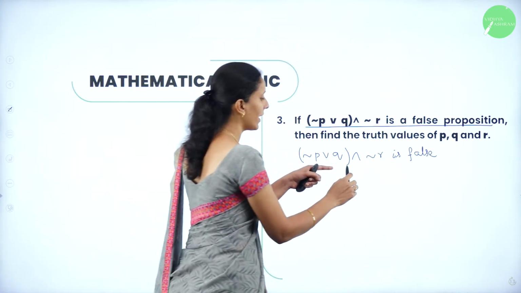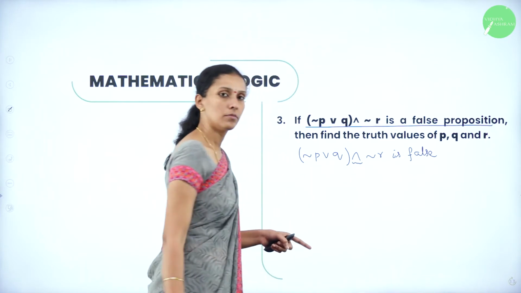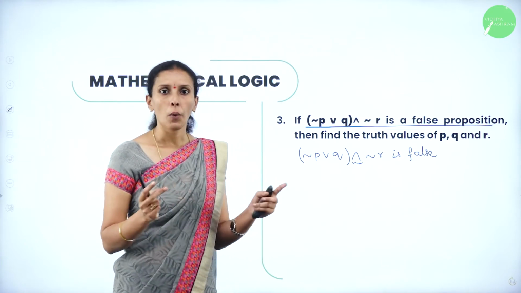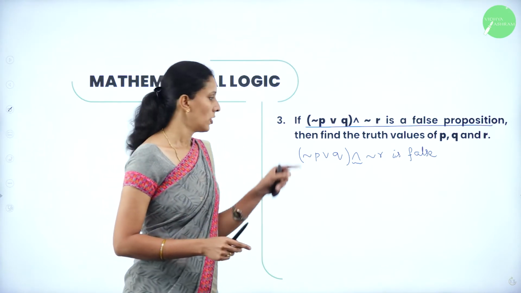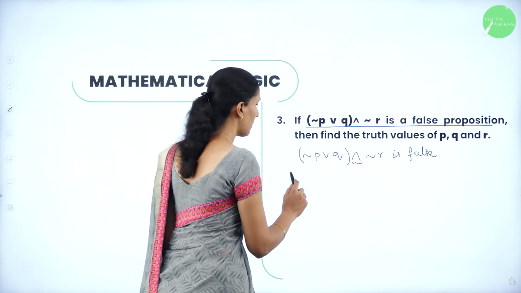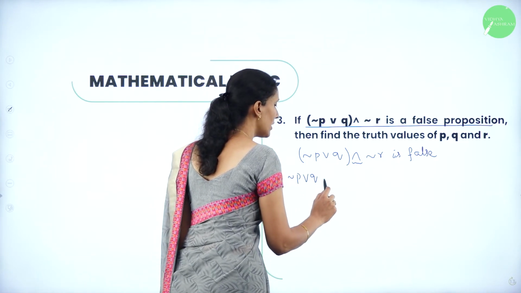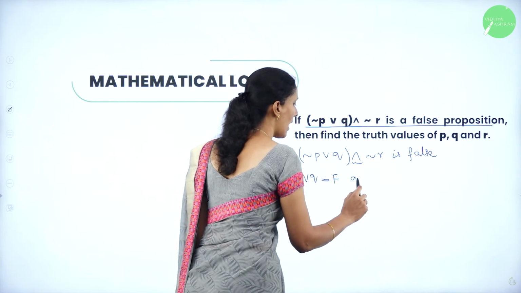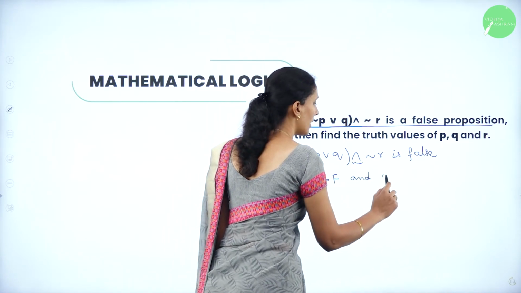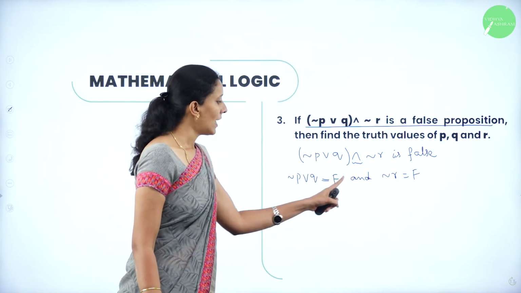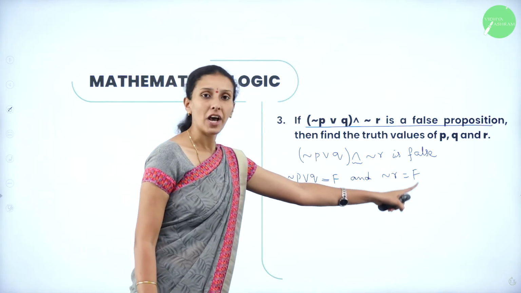So we have a connective OR here. OR is false when both the two statements are false. So what does this imply? This implies negation P and Q is false and negation R is false. So now let's see. When is negation R false?